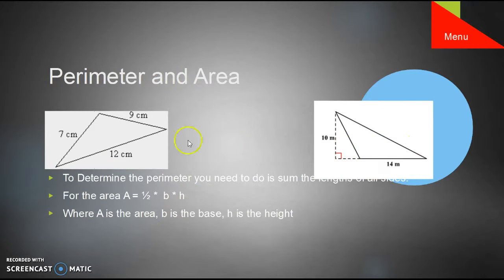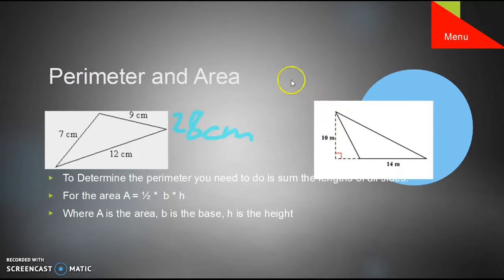So these are 2 examples. For this one, that's 7, 9, and 12 centimeters. It'll have a perimeter of 28 centimeters. For this triangle, you see how they determine the height out here, because the height doesn't have to be inside the triangle.